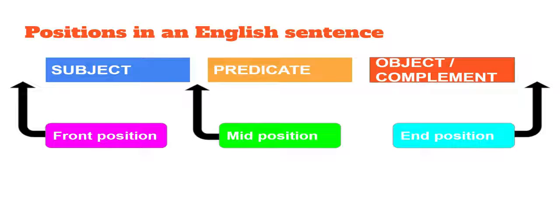But there are some situations, and here it gets a little tricky, where mid position can also mean in the middle of the predicate. We will talk about that later. But right now, it's important for you to understand that we have front position, mid position, and end position.